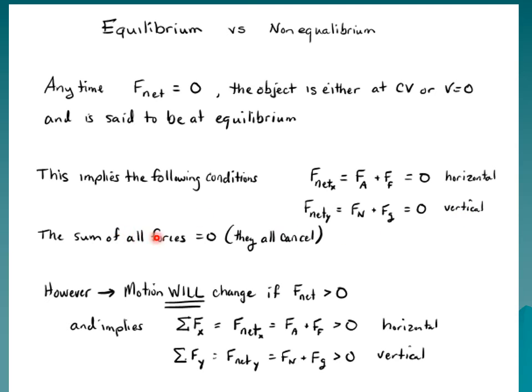All right, sum of forces equals zero. They all cancel. However, motion will change any time the net forces are greater than zero. And you can ignore a negative sign here. Remember, negative doesn't mean less than zero. Negative indicates direction. So a negative 46 and 46, same thing to us, except negative 46 is down or negative 46 is to the left.